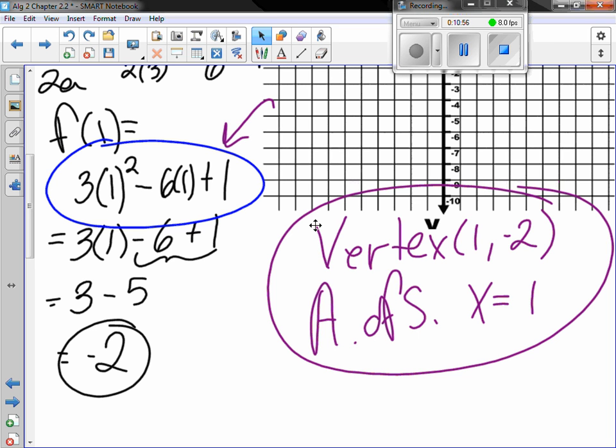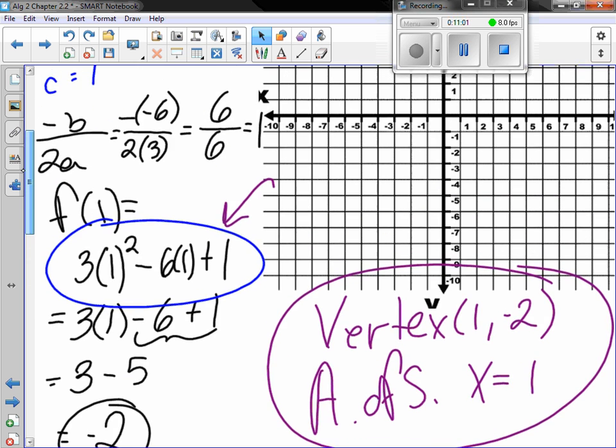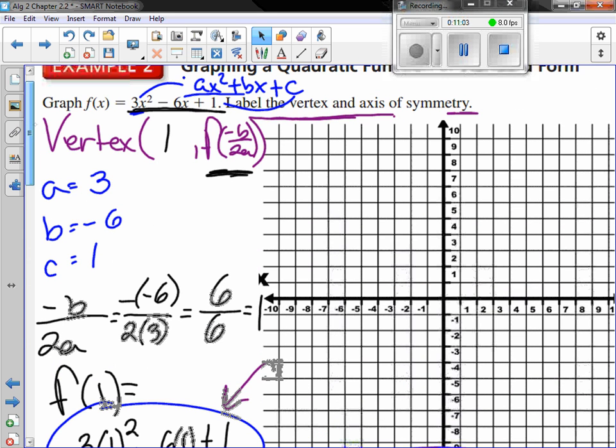Now it's going to ask us again on the homework to pick one of the 4 graphs. You can type that straight into the graphing calculator, it'll graph it for you. Okay? I'd use the graphing calculator to do y equals 3x squared minus 6x plus 1, hit graph, and match it up.